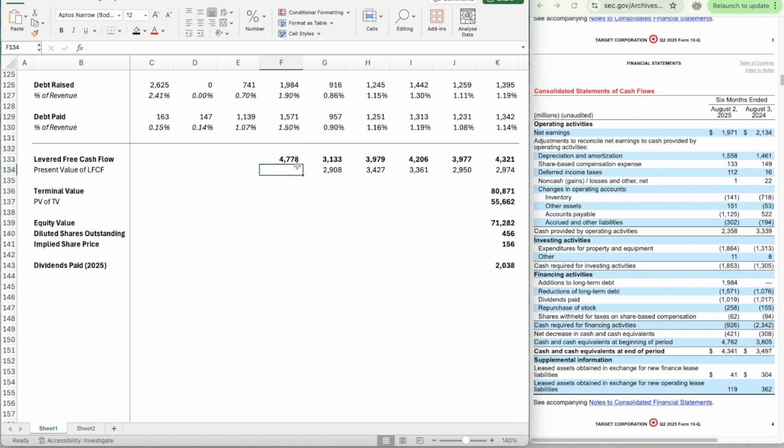Okay, so if we say dividends paid was just over $2 billion for 2025, the levered free cash flow generated was 4,778. So the dividend coverage will equal, you take this year's free cash flow and you divide it by the dividends paid.